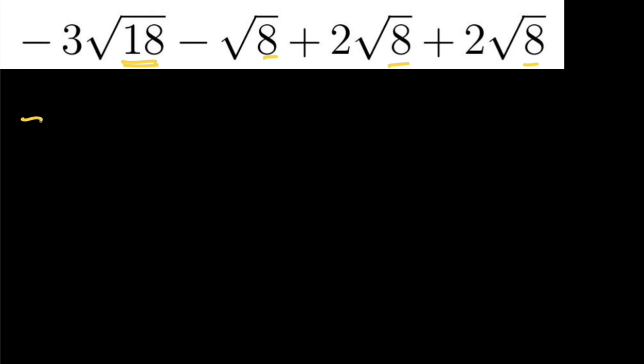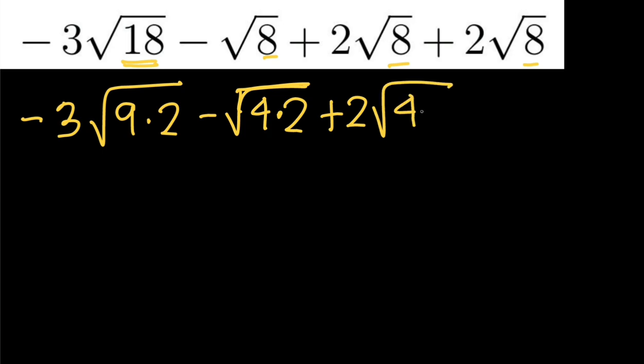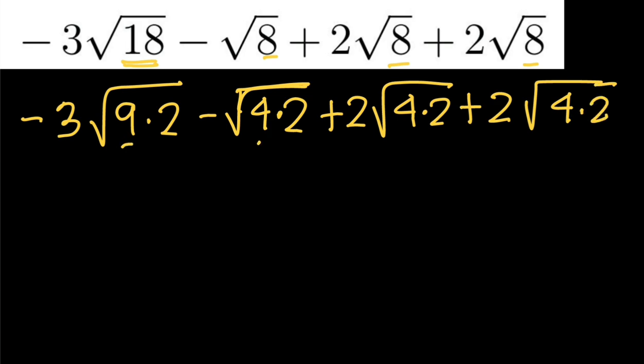So we can write this as negative 3 square root of 18, which can be factored as 9 times 2, minus square root of 8, which can be factored as 4 times 2, plus 2 square root of 4 times 2, plus 2 square root of 4 times 2. Then 9 and 4 here are perfect squares.